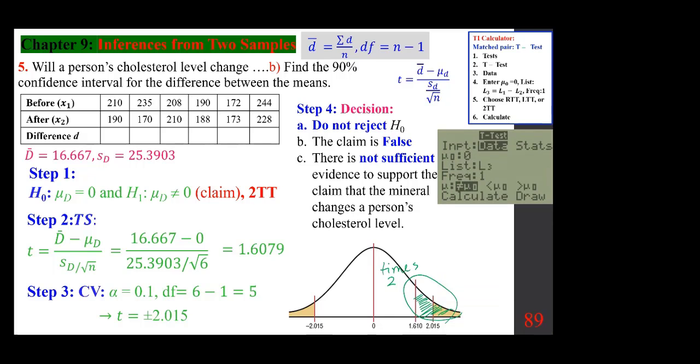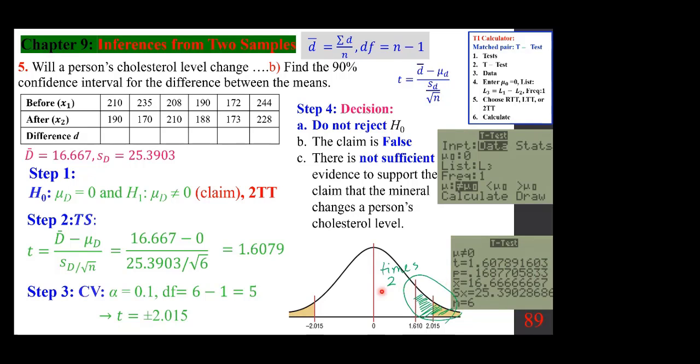You are doing the t-test of the previous chapter, one sample, on L sub 3. Look at the p-value, 0.17, larger than alpha of 0.1, don't reject H0. So this is your p-value, which was calculated here.